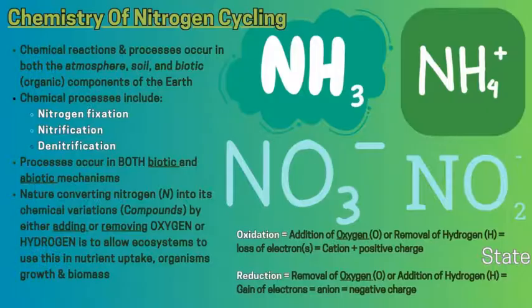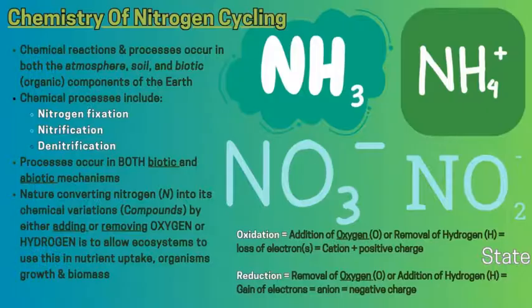So these chemical reactions can be oxidation, which is the addition of oxygen, which can also mean the removal of hydrogen, and this would involve a loss of an electron or electrons, which will make it a cation, a positive charge, because you are removing an electron, therefore there are more protons than electrons in that atom, making it a positive charge.